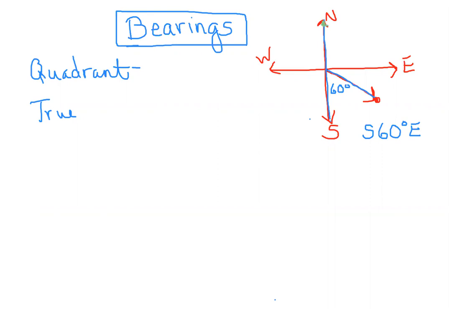And what is that distance? Well, from here to here is 180, and if we take 180 minus 60, we get 120. So the true bearing is 120 degrees for this vector. The quadrant bearing is south 60 east.